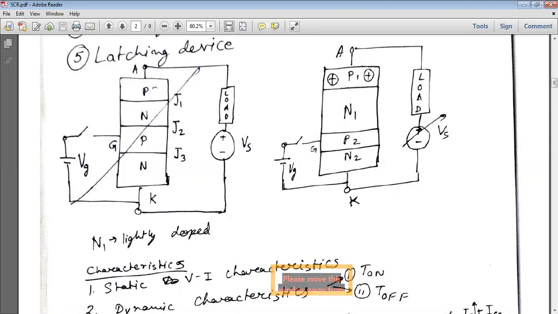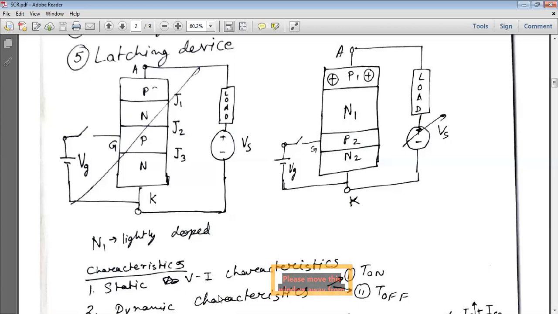So conduction is going to be established, but it won't happen immediately; it takes some time. So what is happening here? The positive terminal is connected to P1 and the negative terminal is connected to N2.